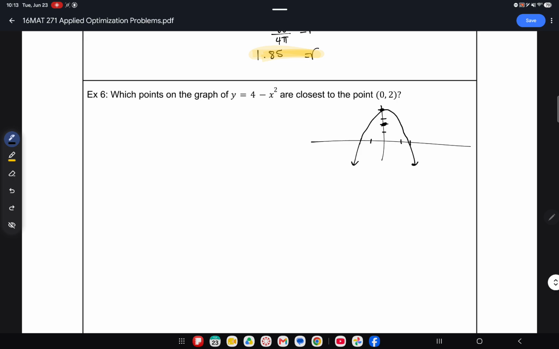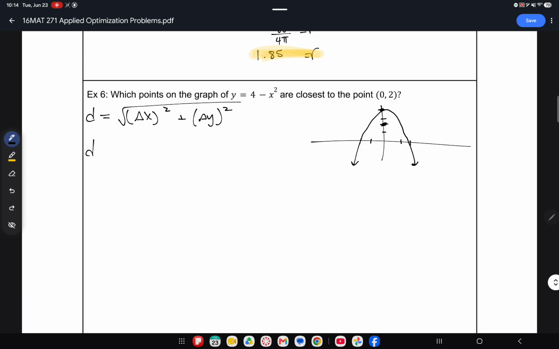So let's recall the distance formula, right? The distance formula is the square root of change in x squared plus a change in y squared, right? So we can plug in some numbers.